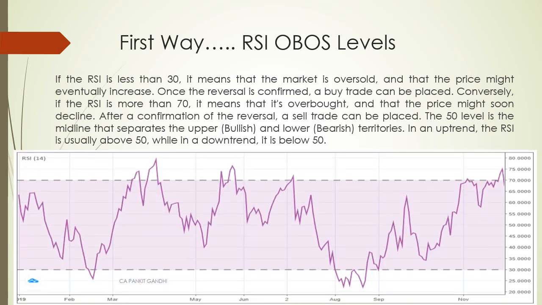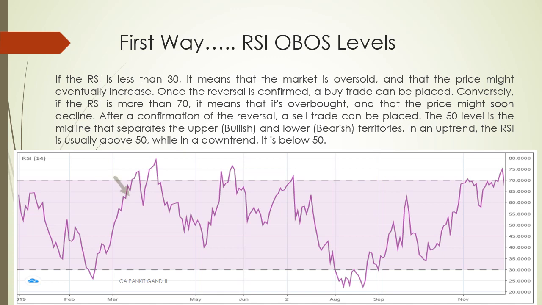So there is a chart of only RSI in front of you. I have taken only the snapshot of RSI. You can see the RSI ranges from 0 to 100. Of course, in the chart it is running from 20 to 80 because it never went to 0 and never went above 80.